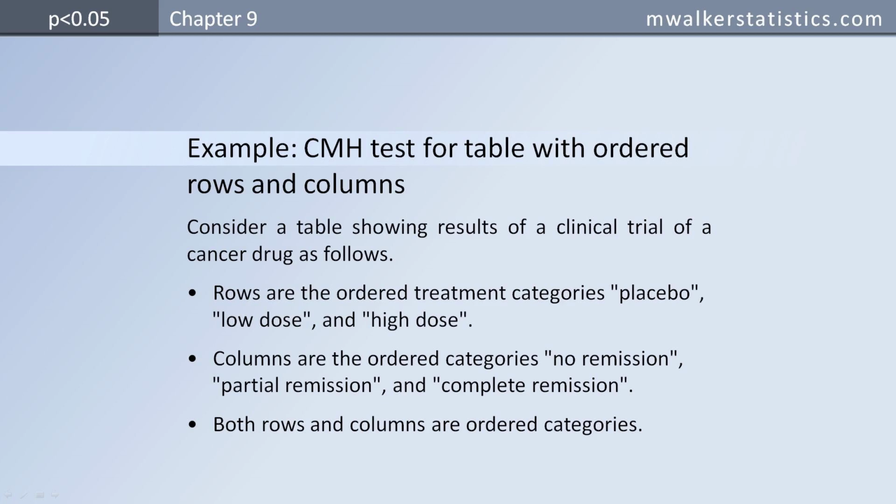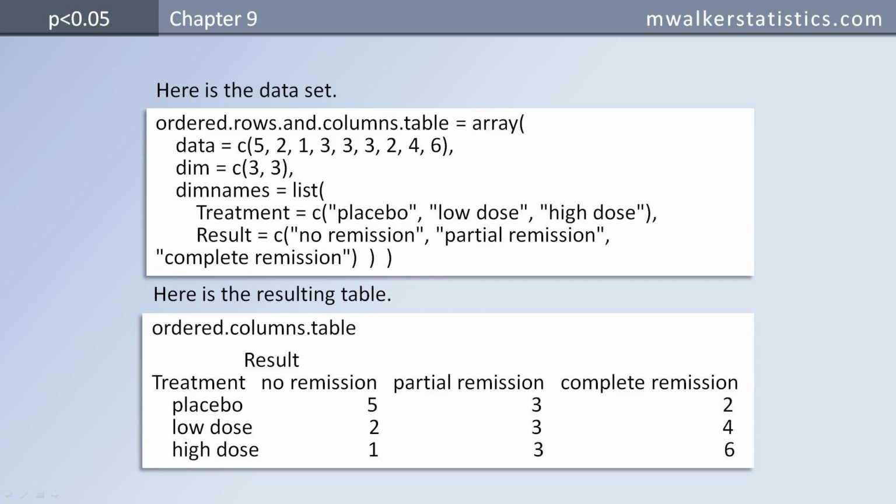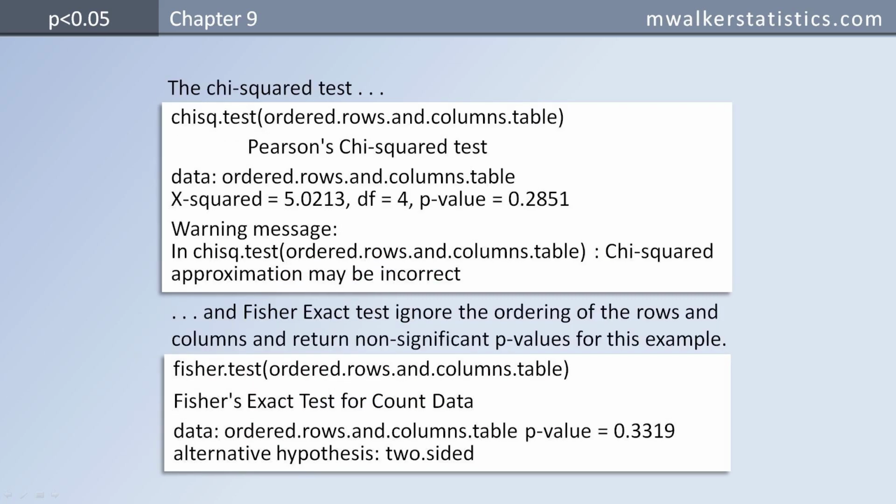Both rows and columns are ordered categories. Here is the data set. Here is the resulting table. The chi-squared test and Fisher exact test ignore the ordering of the rows and columns and return non-significant p-values for this example.